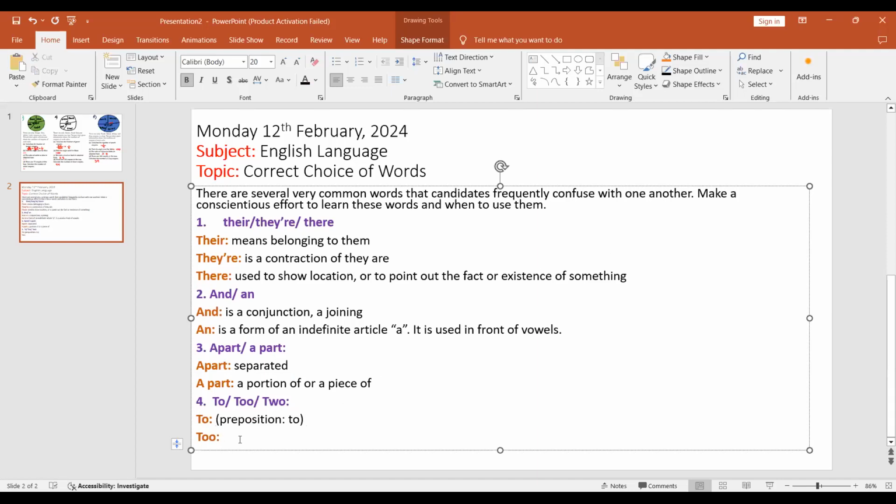It's like very. It's too hot. Very good. It's too windy. So it's an adverb, which means excessive, or very.